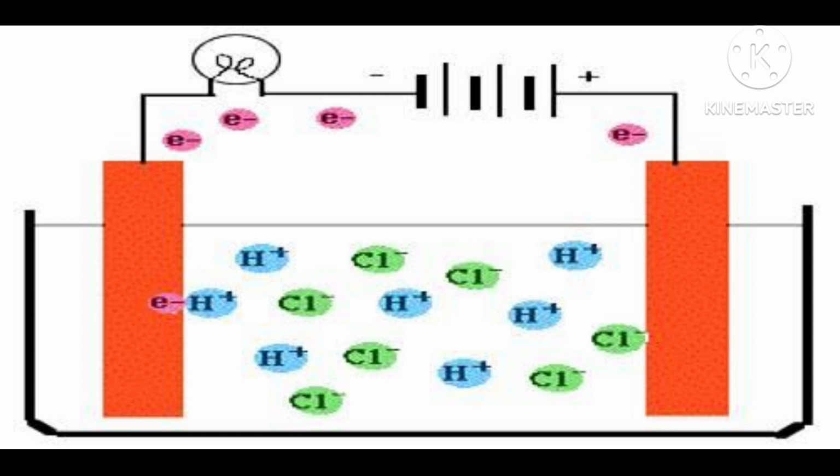Then here some terms you have to understand. The first term is resistance. What actually is this resistance and how is it related to conductance? Now I am telling you.